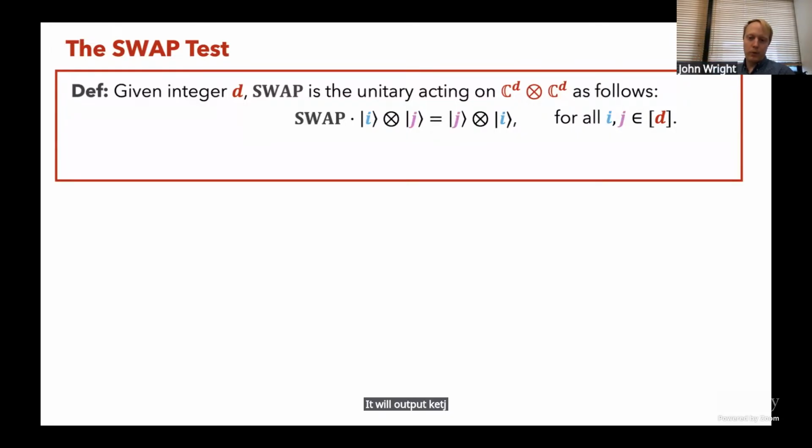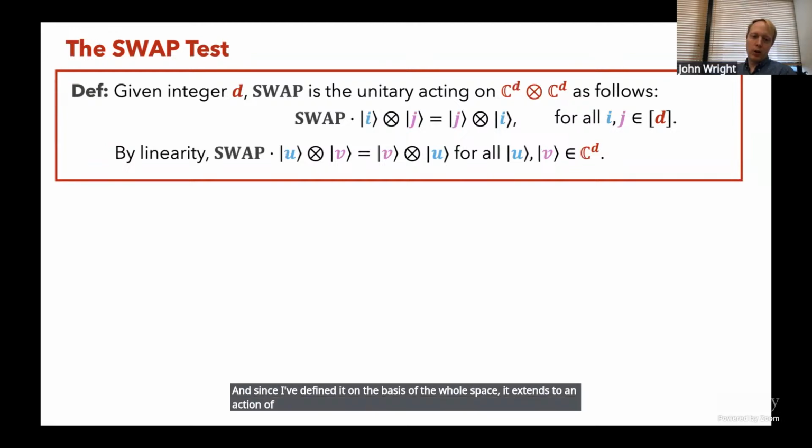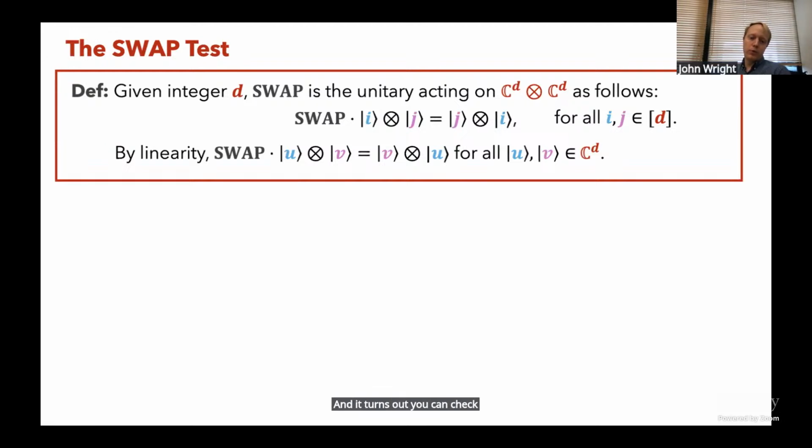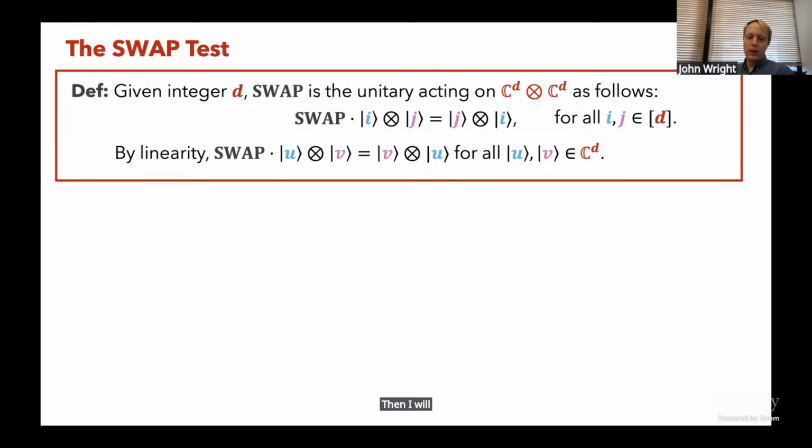So it just swaps the two registers. I defined it on a basis, and since that's a basis of the whole space, it extends to the entire space via linearity. You can check that if I apply the swap matrix to any product state, U tensor V, it will always swap the two registers and give me V tensor U, for any two product states U and V.